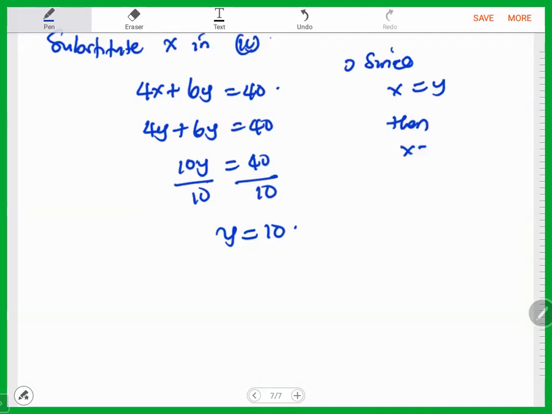No, our y is equal to 4, not 10. Oh, it is equal to 4. Yes. What is happening to me? Because we divided this, our y is equal to 4. And this x is equal to y, then this is 4. So when you have x minus y, you would actually get a 0.